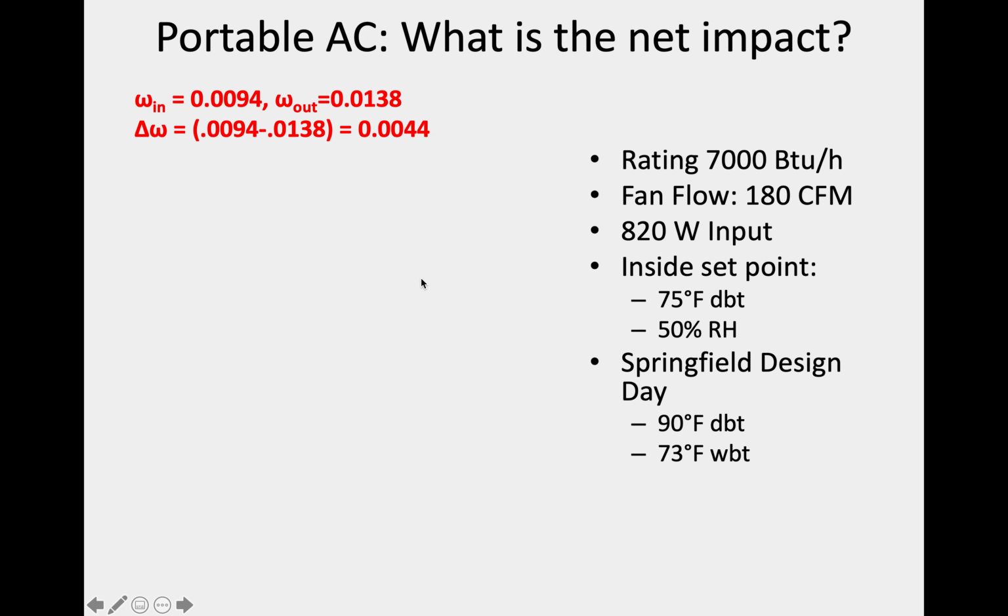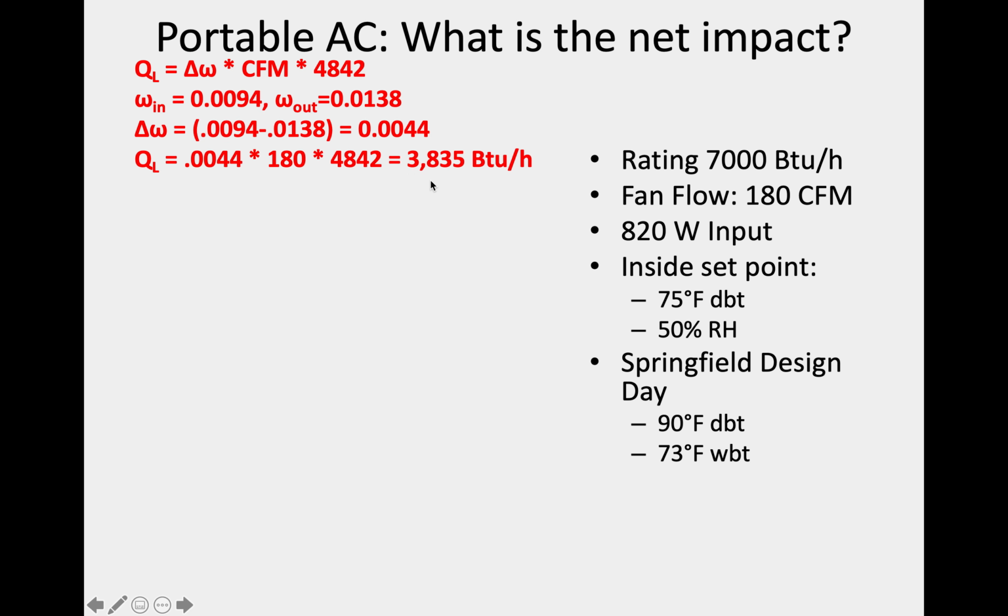So let's run this calculation. We have our inside and our outside. We have delta psi, and we're going to plug that into this equation for the latent heat. So there's our difference in absolute humidity times 180 CFM times those consolidated constants that we talked about before.